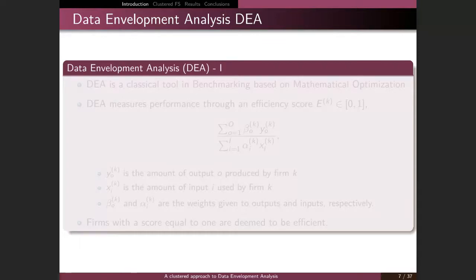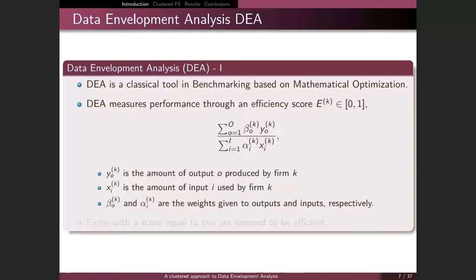So now moving to data envelopment analysis, the modelization of our problem. What is data envelopment analysis? Well, data envelopment analysis is a classical tool that is used in benchmarking, and it is based on mathematical optimization. Particularly, DEA measures the performance through a score, which is this one.